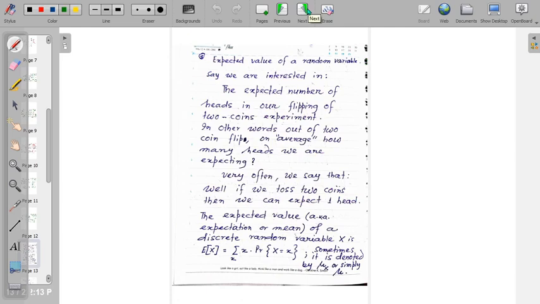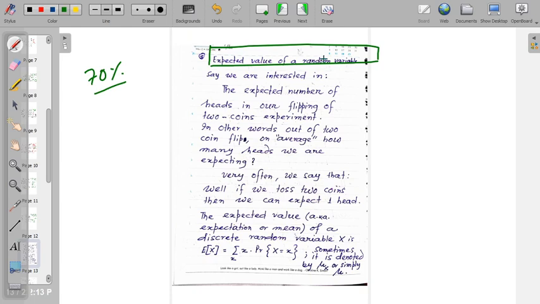Now another thing we have to understand is the expected value of a random variable, which is very, very important. Okay. 70% of the analysis of algorithms is based on this expectation of random variables.